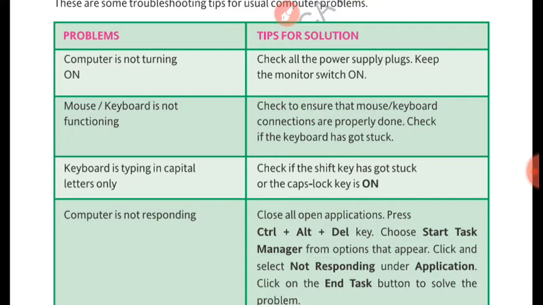Is the monitor switch on or not? If the monitor and keyboard are not functioning, check whether the connections are properly done, whether the keyboard has got stuck, or any key has been pressed. Third, if the keyboard is typing in capital letters, there may be a problem of caps lock. If caps lock is on, you may turn it off.